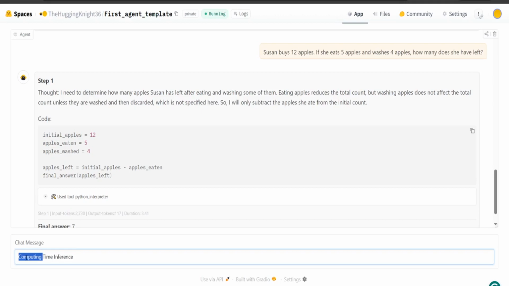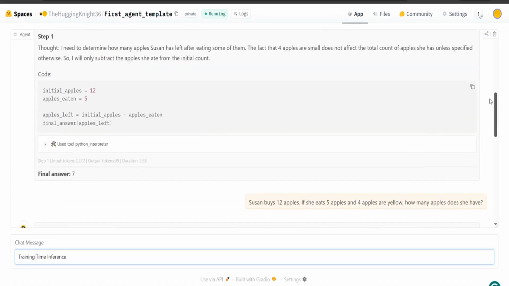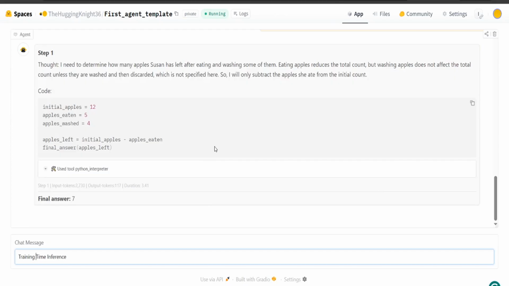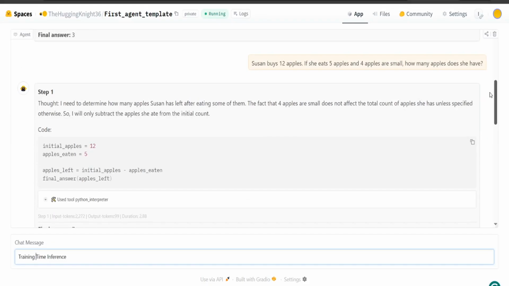Whereas with training time compute, the thinking, or the simulation of thinking, will be kept because you're changing the training data. The model will always have access to the training data, no matter the session.